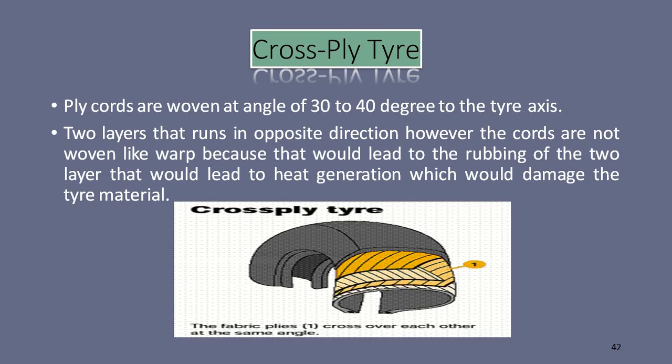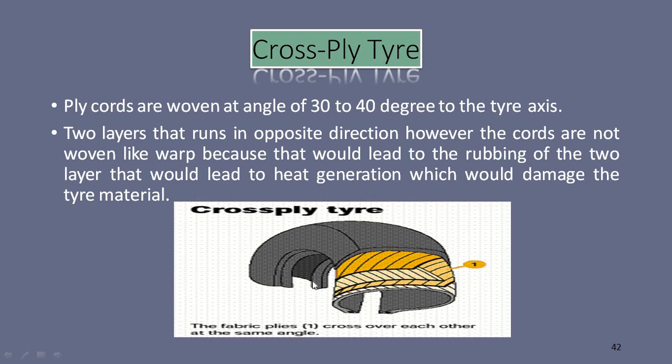Cross-ply tires: the ply cords are woven at an angle of 30 to 40 degrees to the tire axis. The two layers run in opposite directions, however the cords are not woven like a warp, because that would lead to rubbing of the two layers, which would lead to heat generation that would damage the tire material.